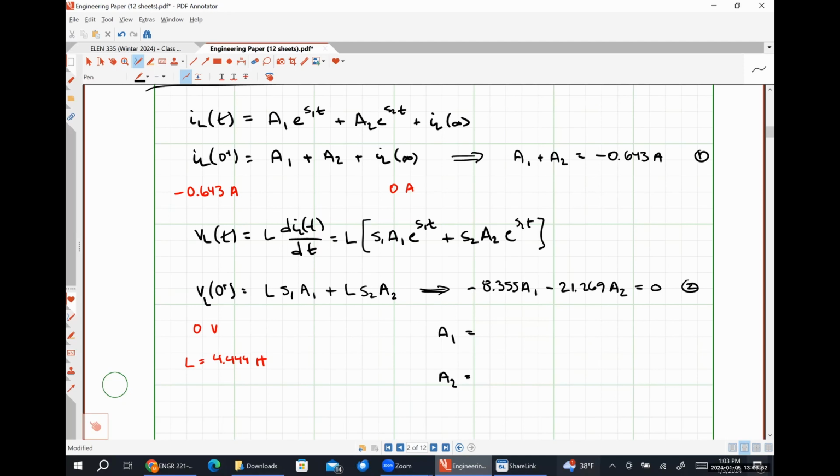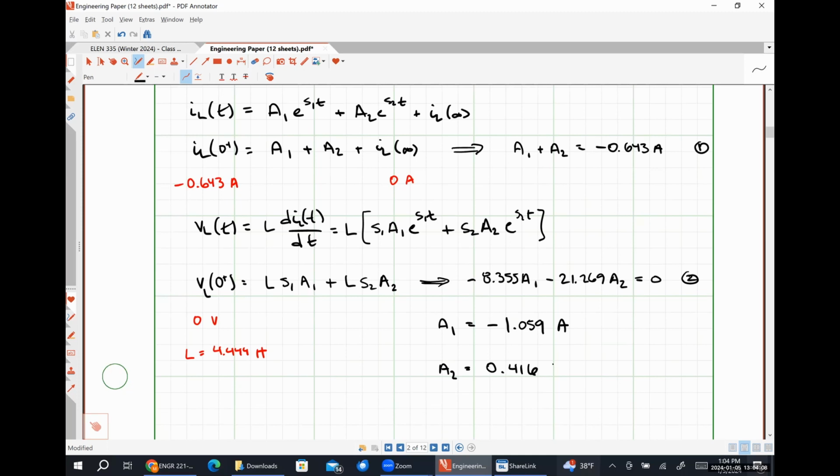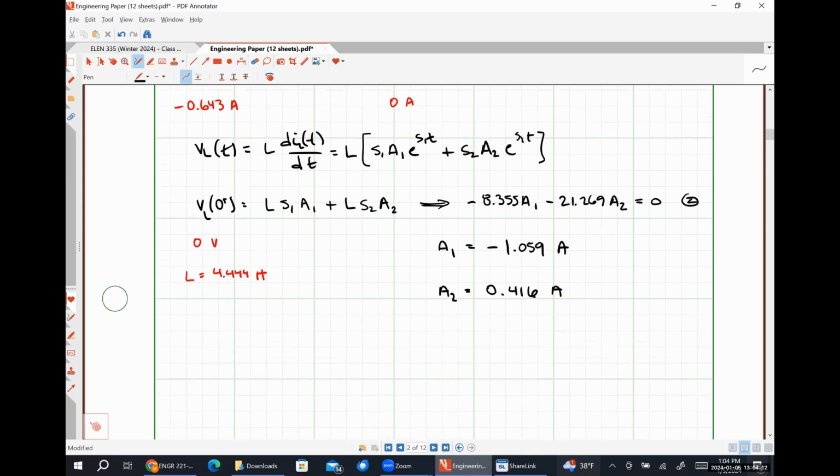Constant term is 0. Solving, I get A1 is negative 1.059 amps, and A2 is positive 0.416 amps.